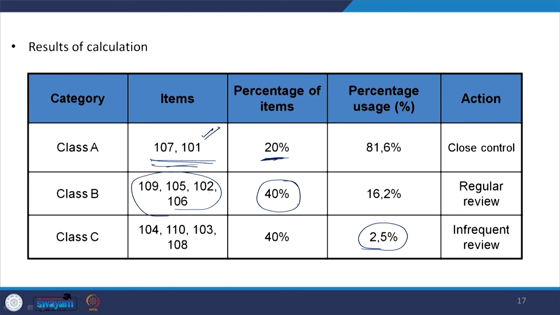But you may require some moderate effort for these 4 items under the B category. But for the C category items, because their contribution is only 2.5%, you need not put any serious effort, and you can go without much effort for their inventory management.